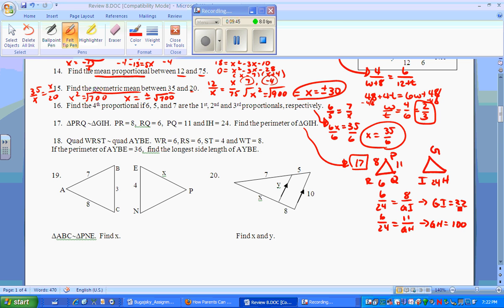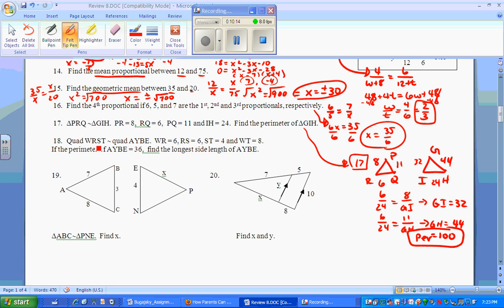So then the perimeter is, you got 100, you got 32, you got 24. Oh, I'm sorry, GH is 44. That's my mistake, sorry. GH is 44, not 100. So then when you add it all up, you end up getting 100 for the perimeter. That's my mistake. Apologize.